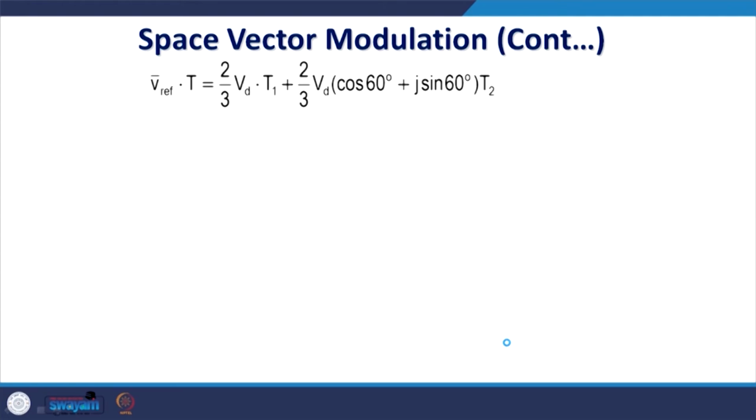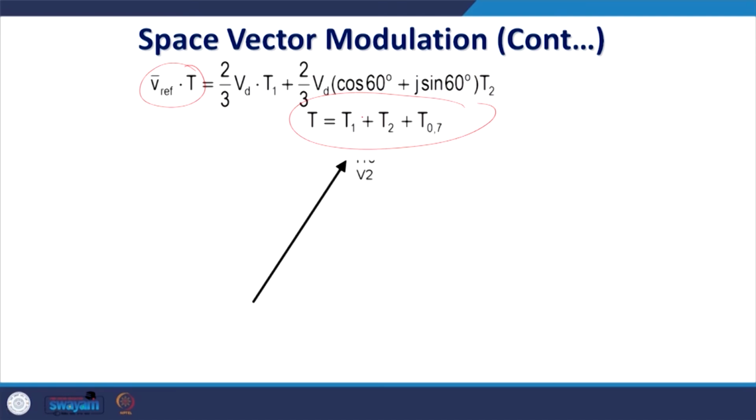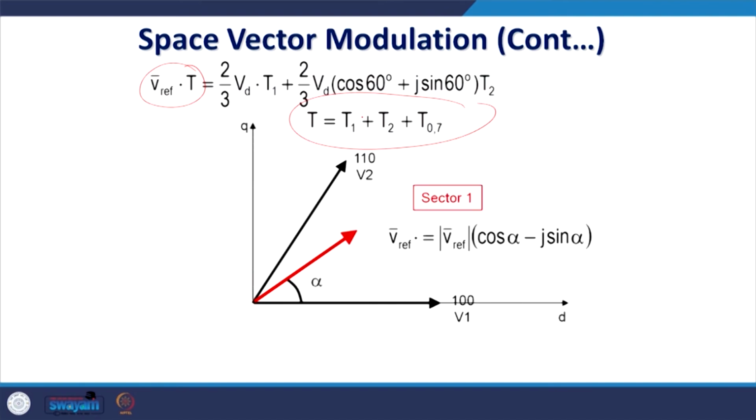Now, we can rewrite these equations where T1 plus T2 plus T0 or T7 equal to T, and we can rewrite this like this.